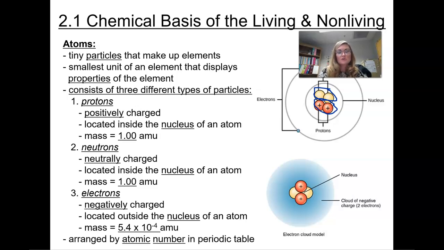Now next you'll have your electrons. These are going to be negatively charged particles that are going to be found floating around in the electron shell, or sometimes people call it the electron cloud. You'll see you have one here, and you're going to have one over here. Those are going to be your electrons, and they are on energy levels. They do have a mass, but it is going to be so small that we often refer to it as being negligible.